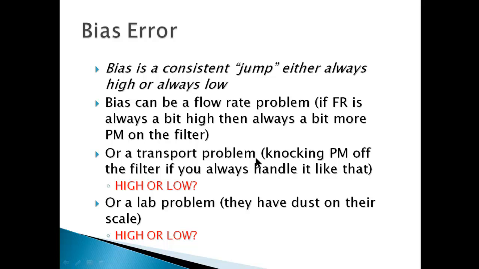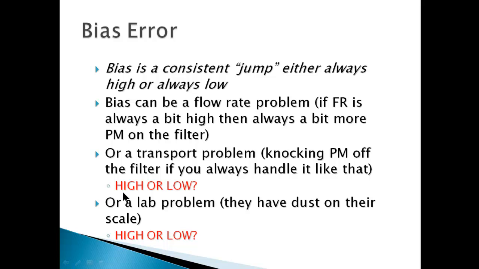So if you somehow just move your elbow in a certain way and you knock particulate matter off the filter, and if you always handle it like that, sliding it into its little baggie a certain way or something, would that cause a high bias or a low bias? Probably a low bias, right? Because you'd be knocking some of the particulate matter off of the filter.